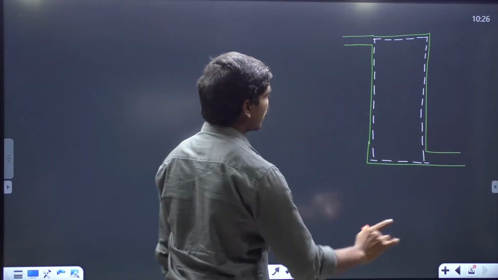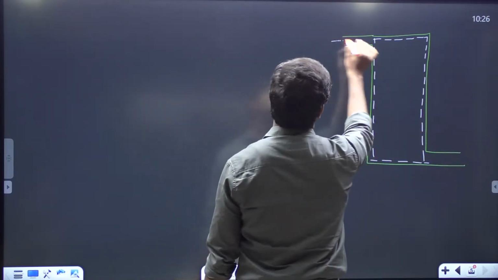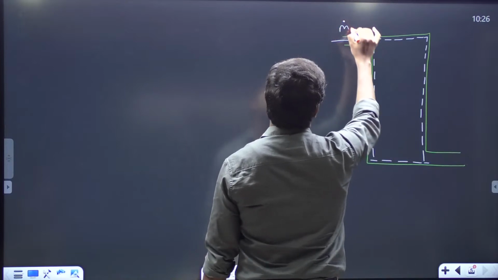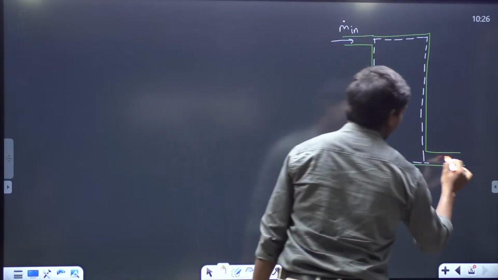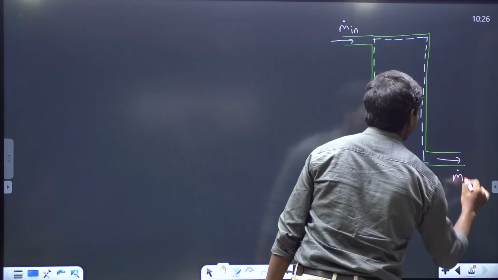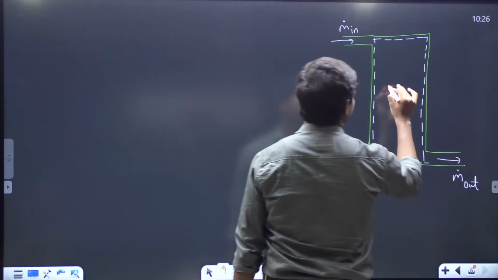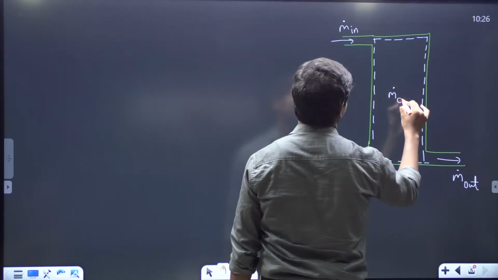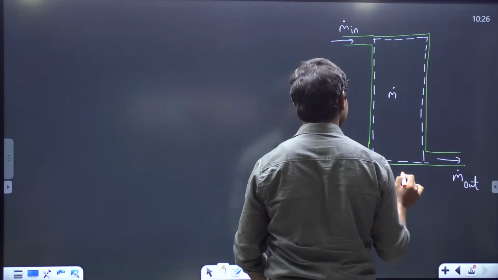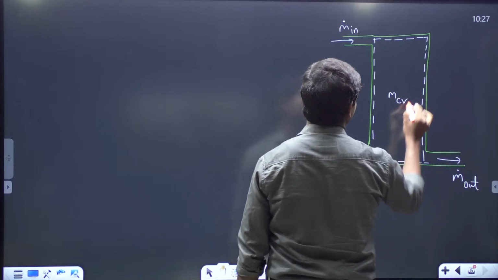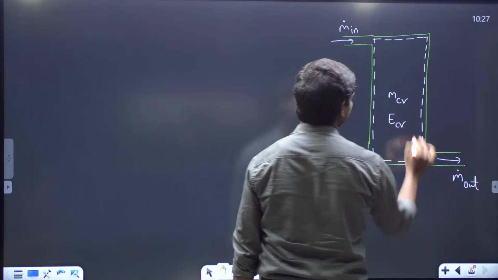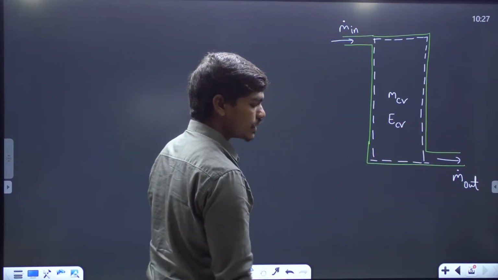Okay, so if this is the boundary, there is some mass inflow, m dot in, minus some mass outflow, and m dot cv. Okay, let us remove that dot there. So m_cv and e_cv are the mass and energy of the control volume at any time.